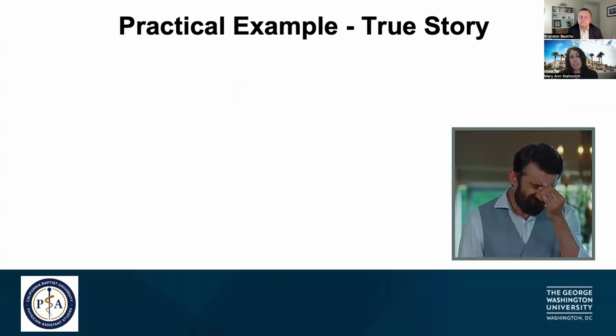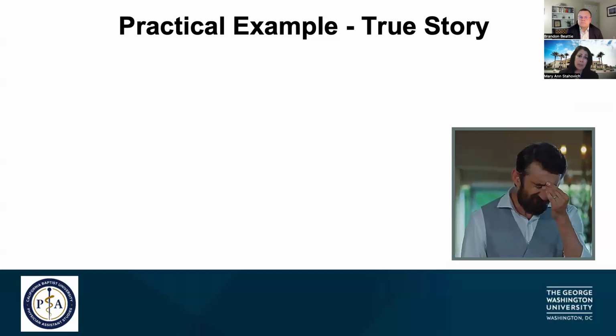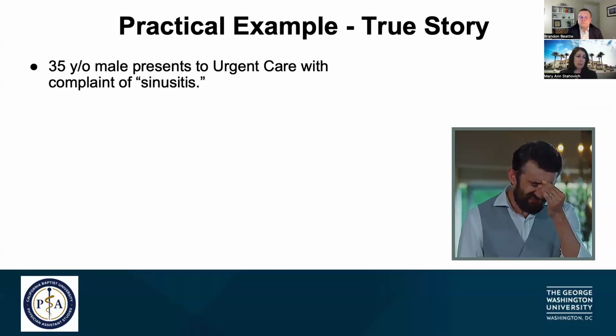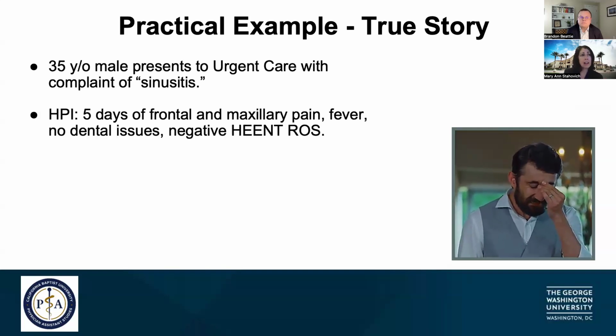Yes, and I'd like to share as well, with the names and identities also removed, an example from my own clinic. And that is when I saw a 35-year-old male who came into the urgent care. The chief complaint was listed as being sinusitis.